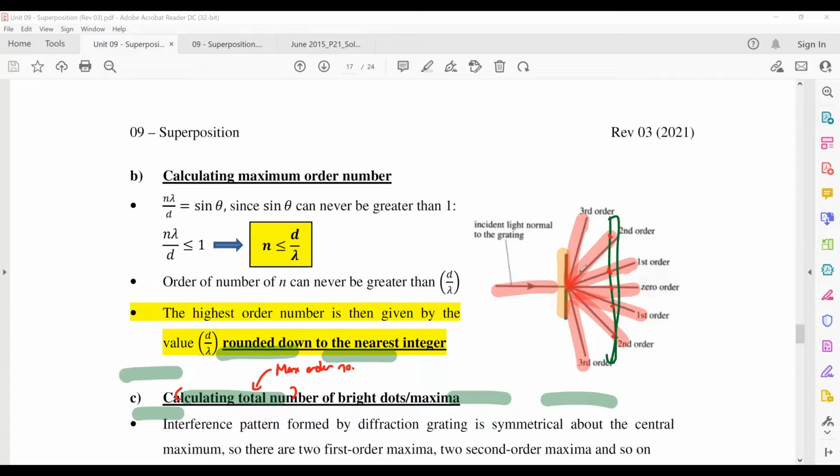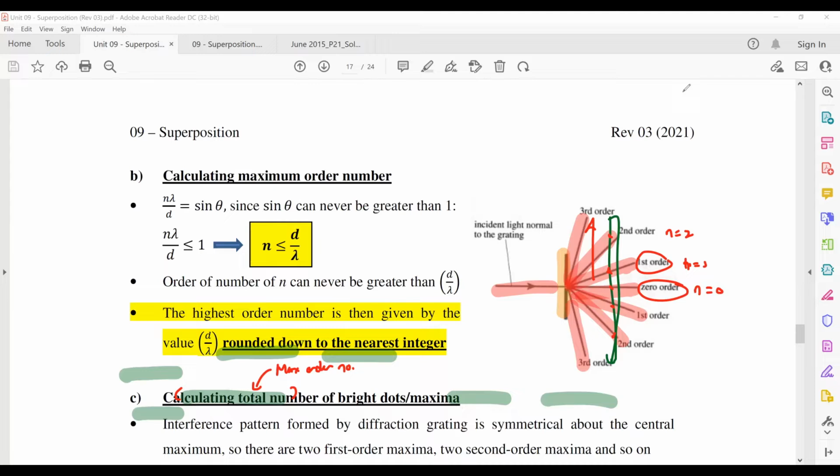The center bright fringe, the center maximum, normally has an order number of 0. It's only when you go further away from the center line that you start numbering it. This one is first order, this one is second order, and so on.